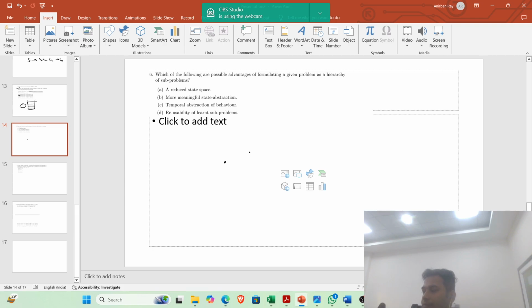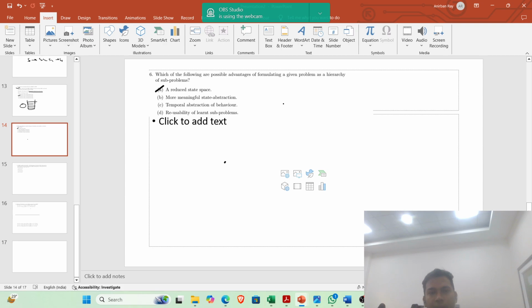Each of these sub states, you can say, is an abstract machine. Okay, so you get a reduced state space for which you can effectively formulate an MDP, with more meaningful state abstraction.